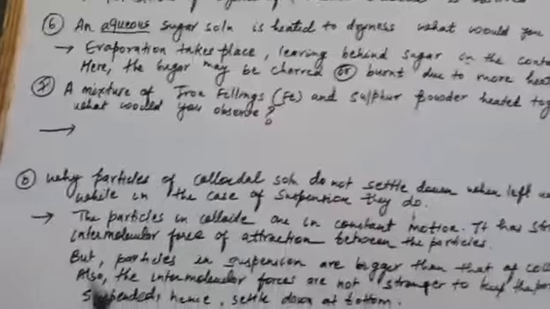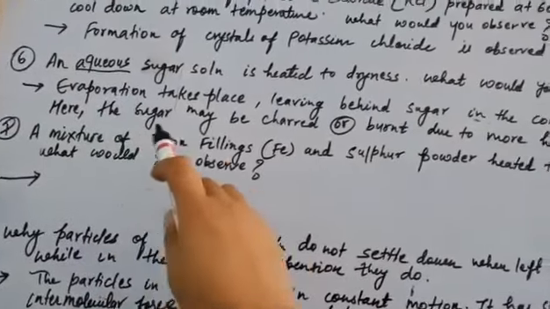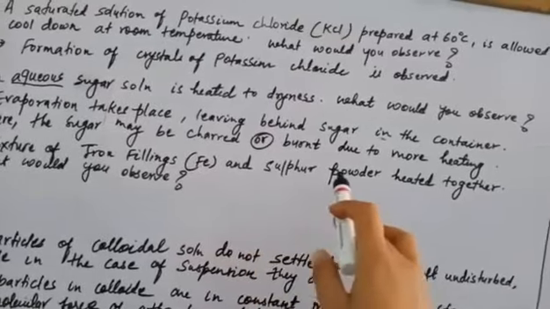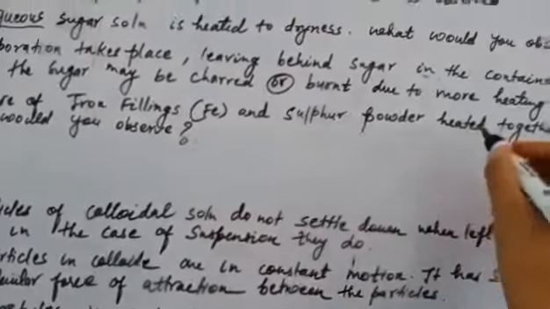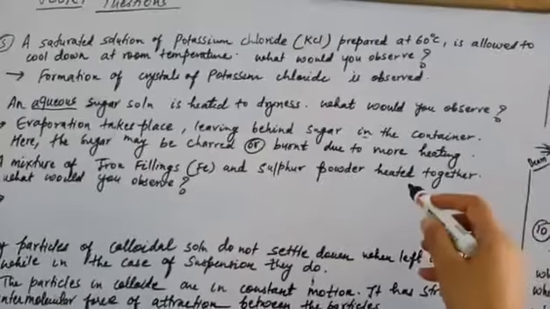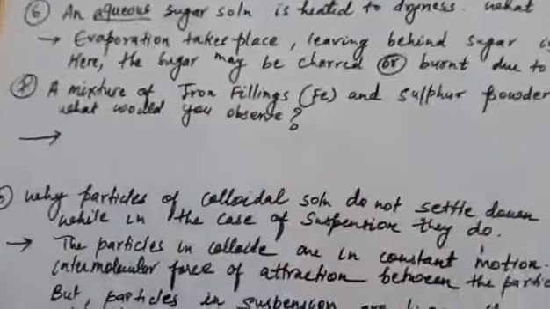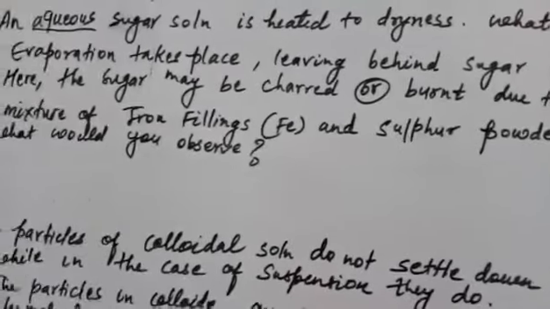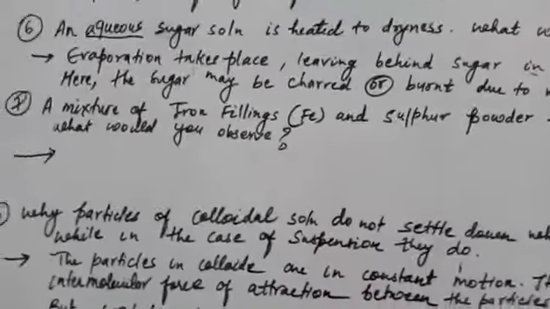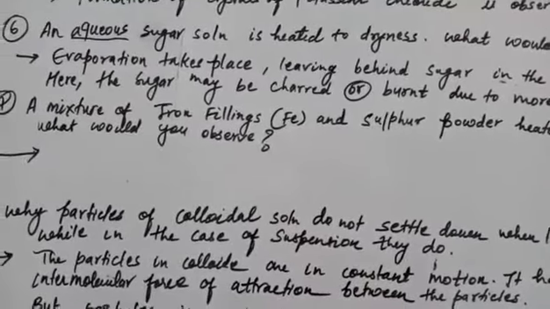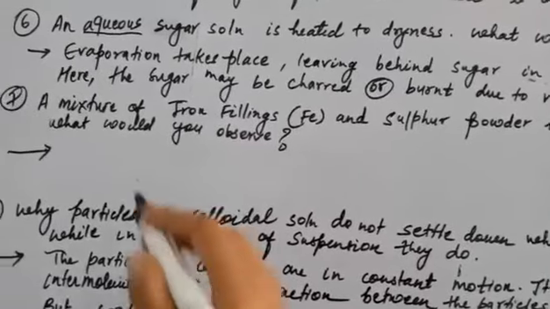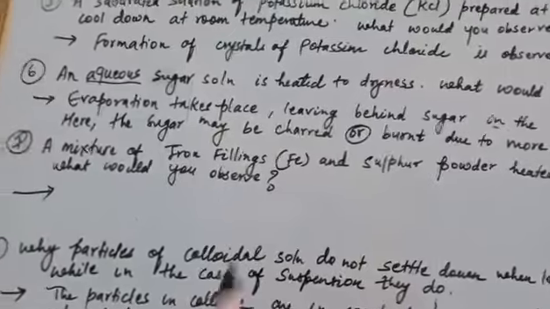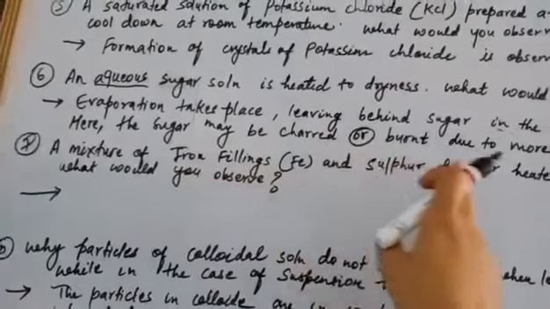Okay. The next question is, a mixture of iron filings, that is iron powder, and sulfur powder is heated together. What would you observe? So when anything is getting heated, that means a chemical reaction is going to take place there. So we will write the chemical reaction here.